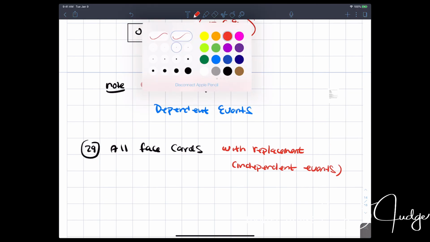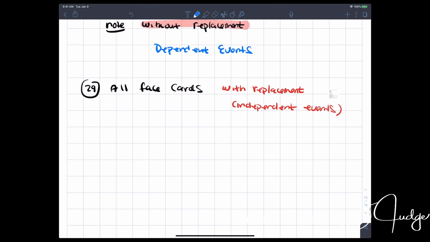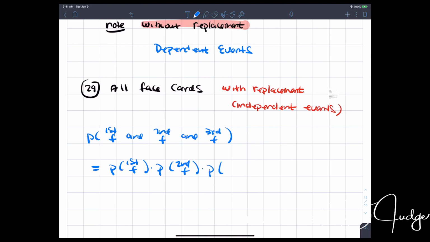So with all 3, here's what we can say. Probability the first is a face card, and the second is a face card, and the third is a face card. I could now write this very simply without the conditional part, because I know that they're equal.